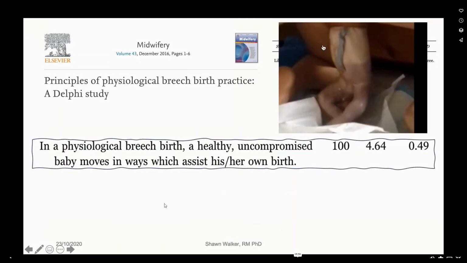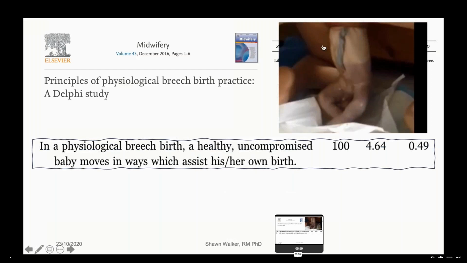In the physiological breech birth, a healthy uncompromised baby moves in ways which assist his or her own birth. As I told you, the baby is expected to rotate to bring the sacrum anterior and then flex the body.